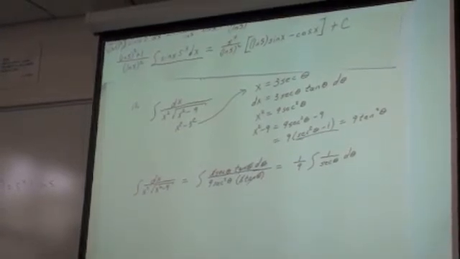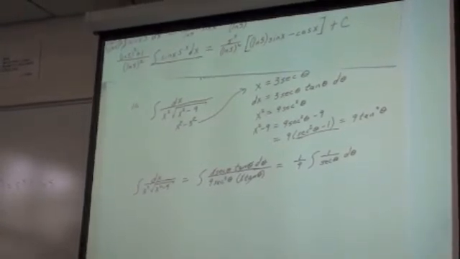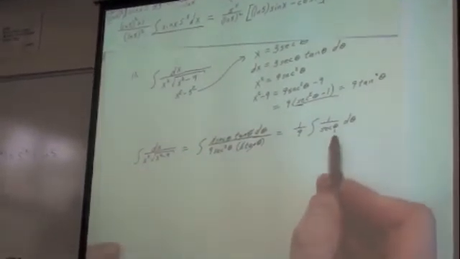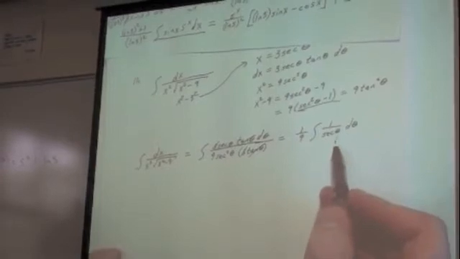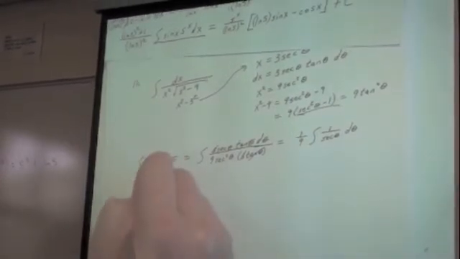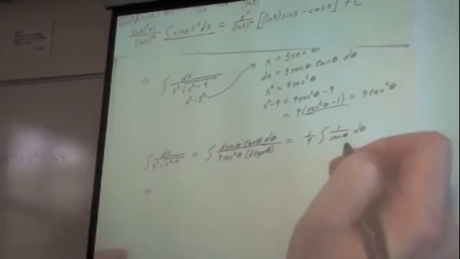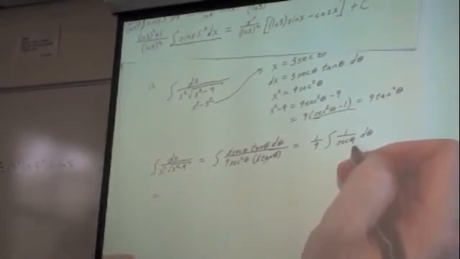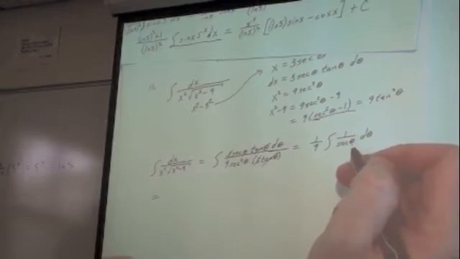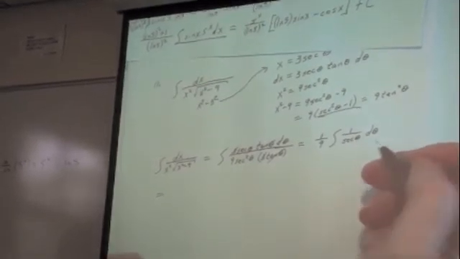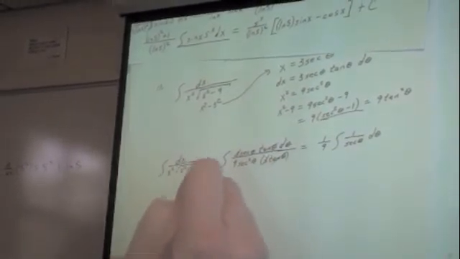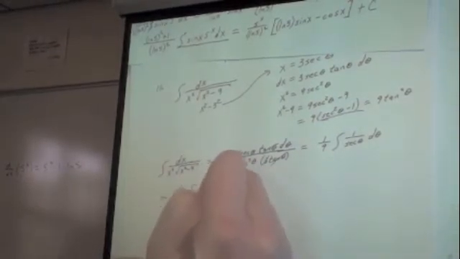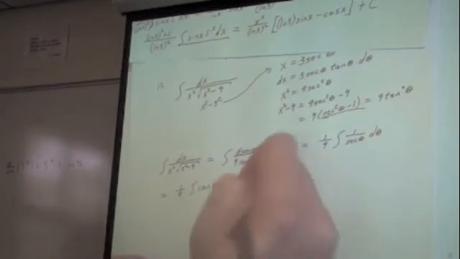And, of course, knowing the reciprocal identities, 1 over secant is cosine. So you're not going to end up with cosine squared, which you have to rewrite as 1 plus cosine 2 theta. If you know that, fantastic, and it will help you. But I'm not going to do that on the final, because I'm feeling a little too nice. Cosine theta, d theta.